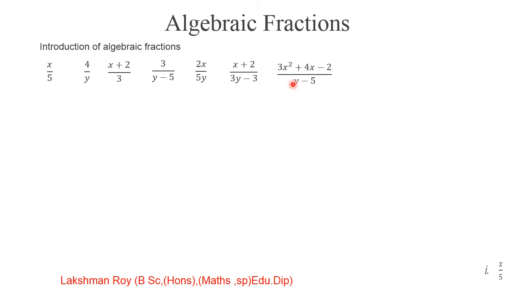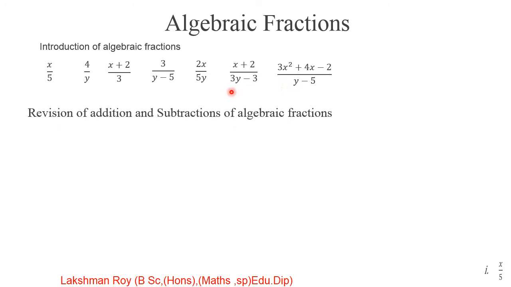Now I am going to remind you how to add and how to subtract algebraic fractions, what you learned in grade 9. I take one example here, x over 5, and I want to add another x over 5. To add any type of fraction, whether a numerical fraction or an algebraic fraction, the denominators should be equal.